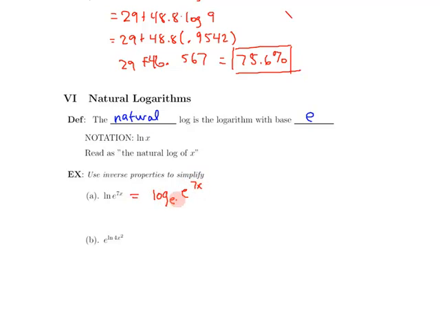So log base e of e to the 7x would look like this. And you'll remember that log base e of e to a power cancels out and you're left with 7x. So natural logs and e's to the power cancel each other out. Similarly, e to the natural log is going to cancel out because they're inverses of each other, and you'd be left with 4x squared. Natural log of e cancels, e to the natural log cancels.